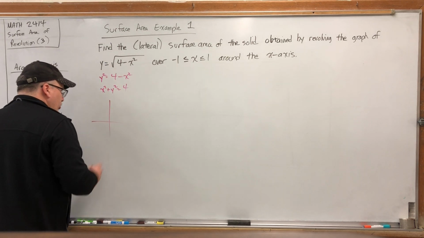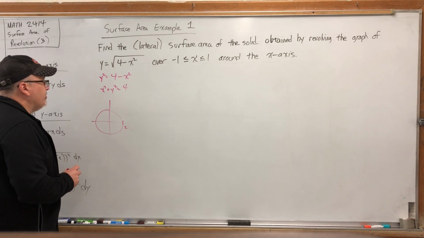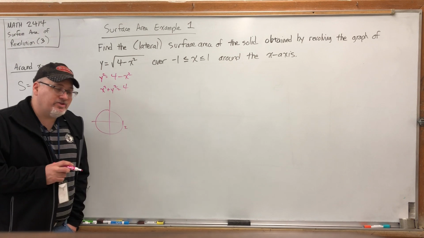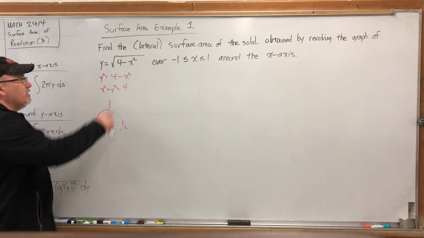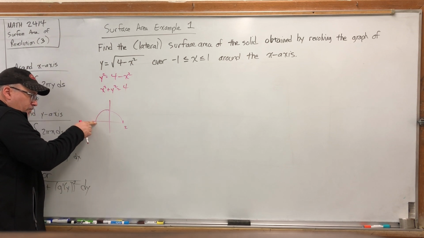So why is this a semicircle? Well, it's a semicircle because the original function was y equals the square root of, and a square root as a function always comes out positive. This y is always positive, and so it's only the top half of the circle.